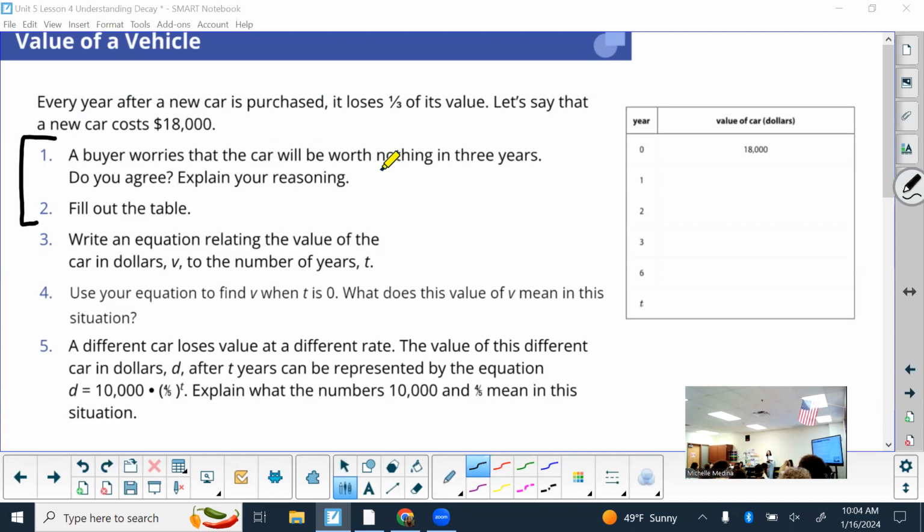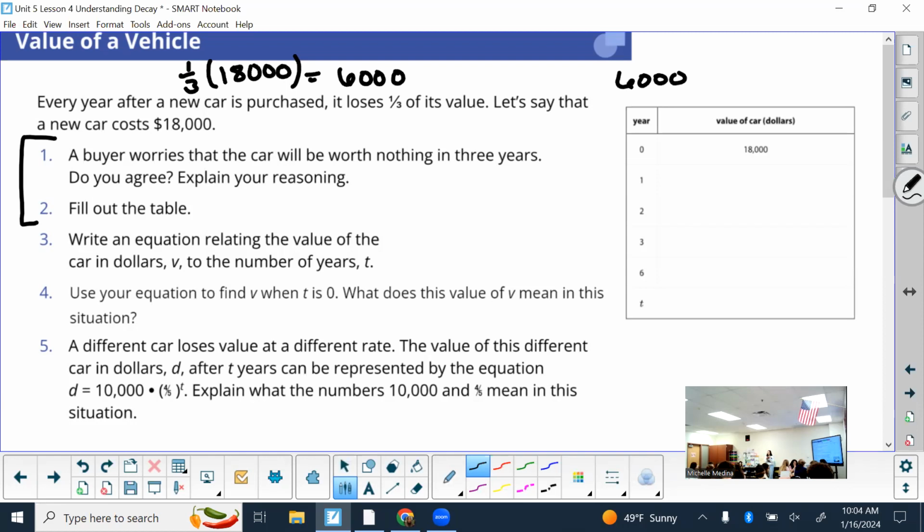Because I subtracted 6,000 every year, and by year three it's gone. Okay, so it looks like we're establishing that a third of 18,000 is 6,000. So you're saying that it loses 6,000 each year? Anyone disagree with that?